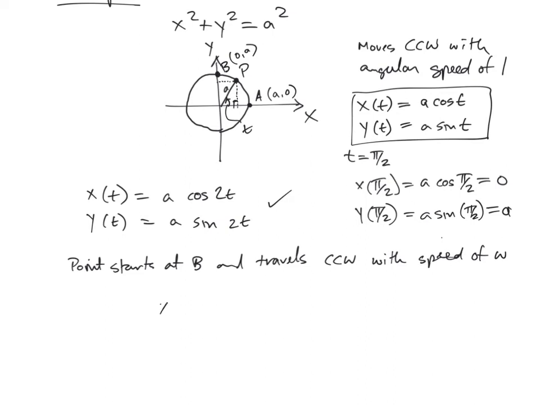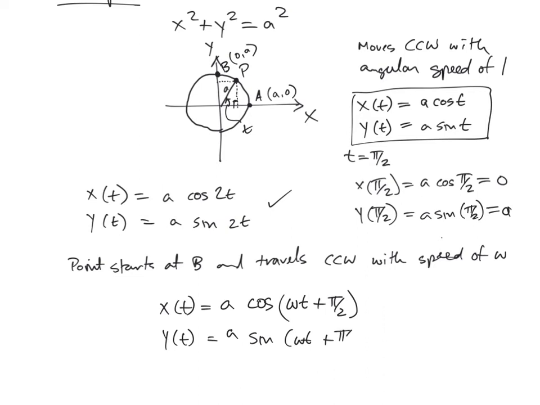Well, then our parametric equations are going to be x of t is going to be, again, a cos of something, and y of t, a sine of something. Okay, that will describe the same circle. It's just the assumptions, if we think of the circle being a trajectory of a moving particle, have changed. We got a different starting point.